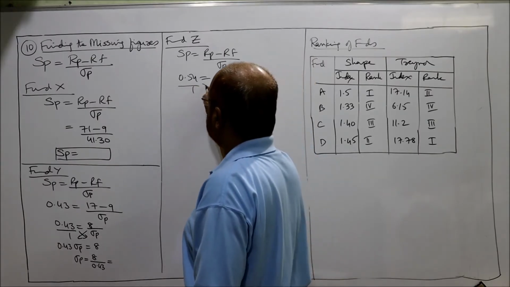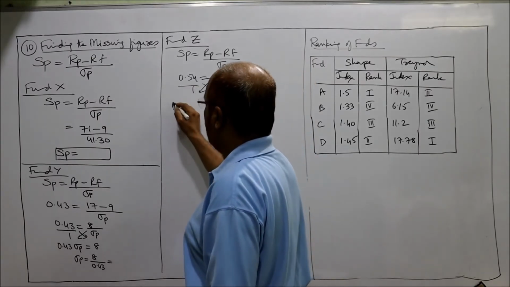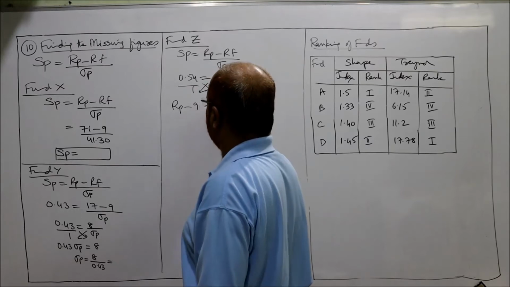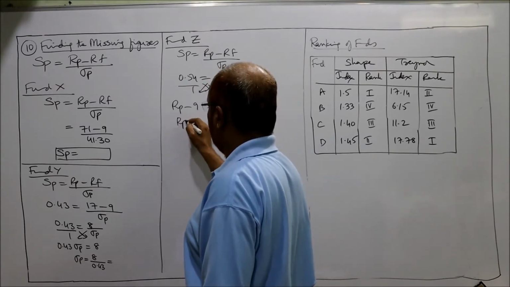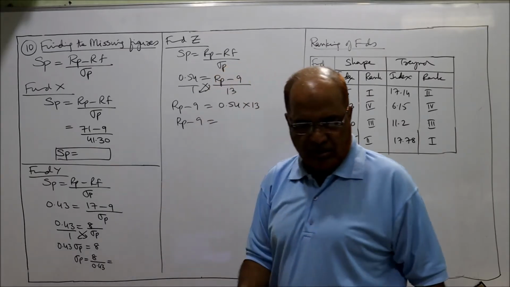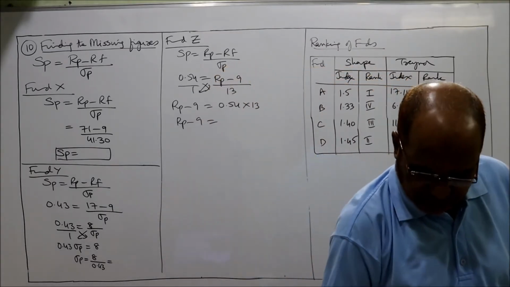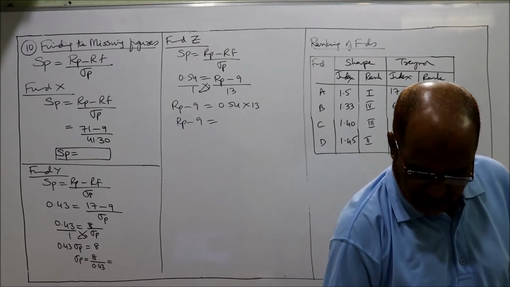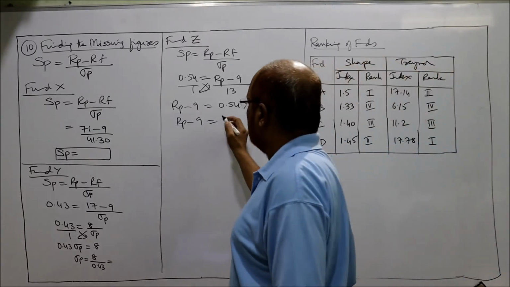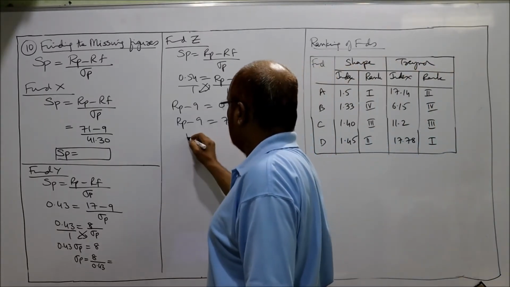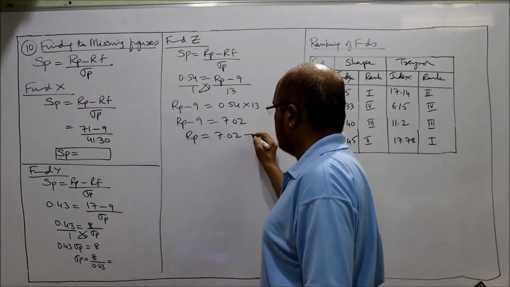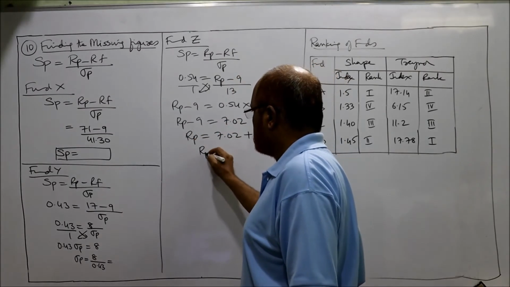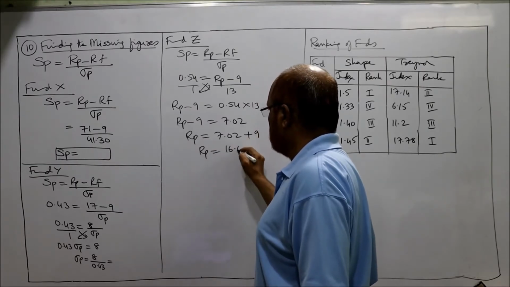Now we can cross multiply: RP minus 9 is equal to 0.54 into 13, which is 7.02. This minus will become plus 9. So RP is equal to 16.02.